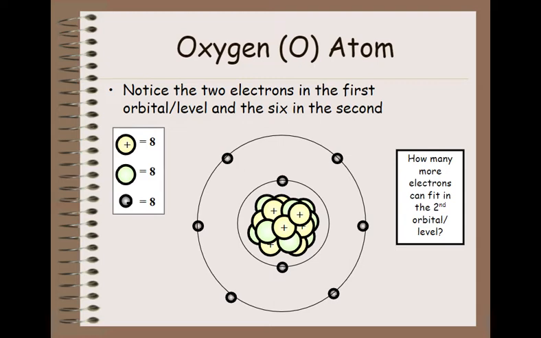Now this outside orbital or outside shell right here is called the valence shell. It is the last shell that is filled for any atom, okay? So in oxygen, the valence shell has 6 electrons and it is the last shell, shell number 2.